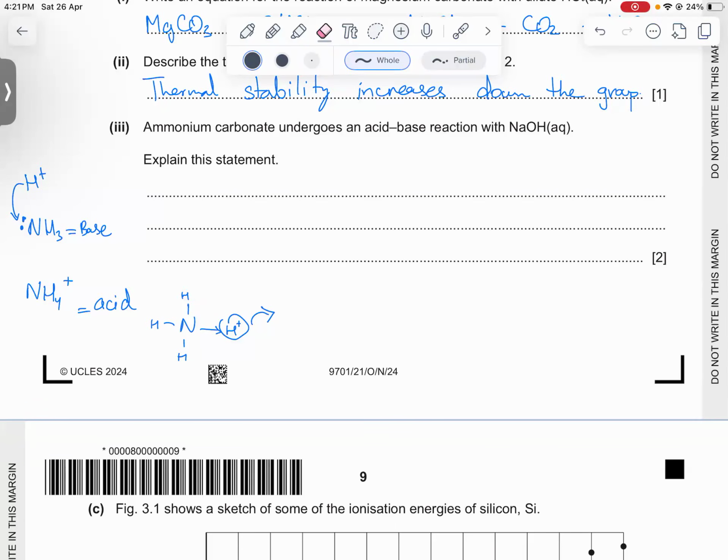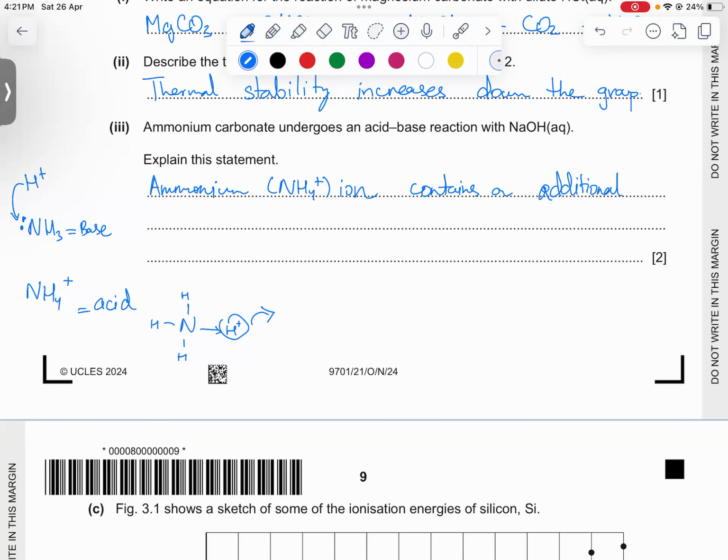All right. So we will say that the NH4 plus ion contains an additional proton, H positive ion, that is held weakly.